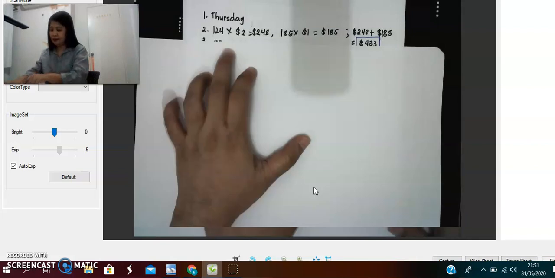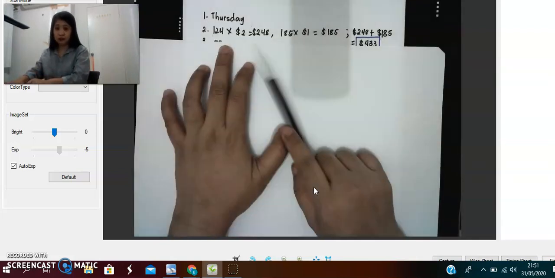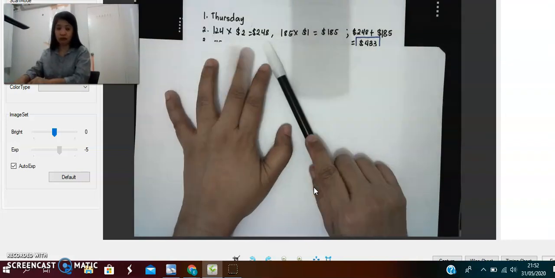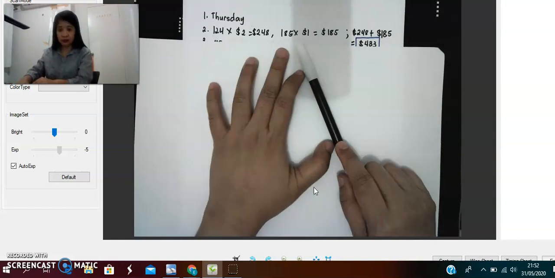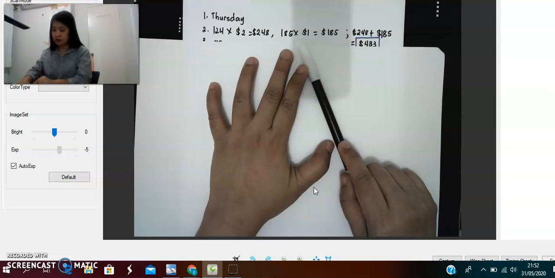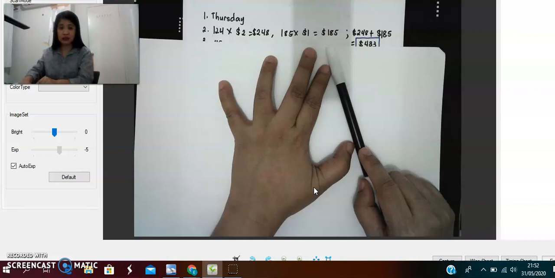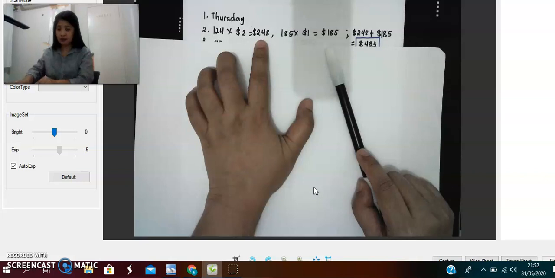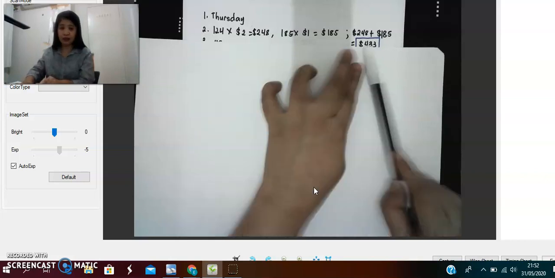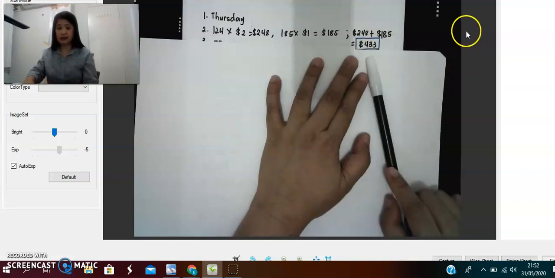Then multiply it by $2 because one pen costs $2. That gives 248. Then the pencils total, or the sum, is 185. Multiply it by $1, which equals $185. So how much money did she collect? We add $248 plus $185. We get $433. That is the answer for number 2.